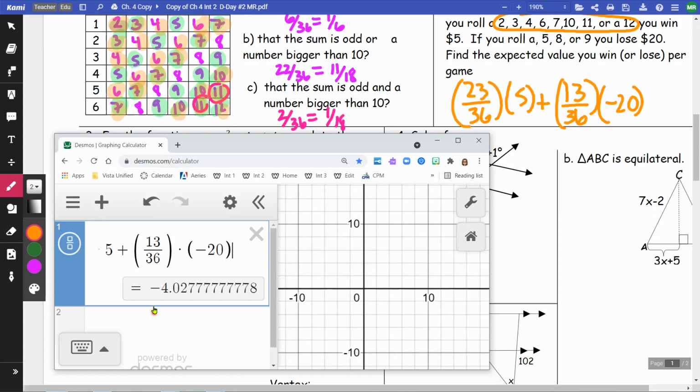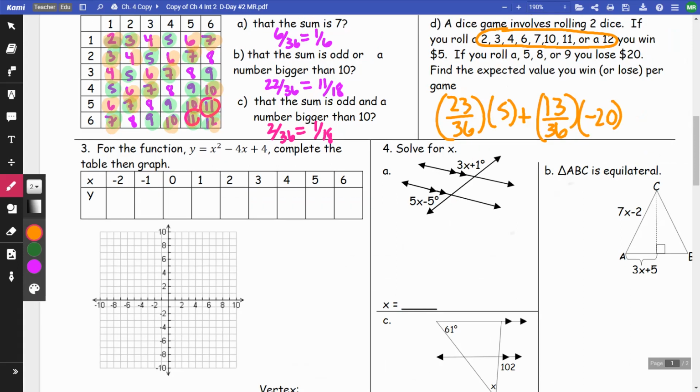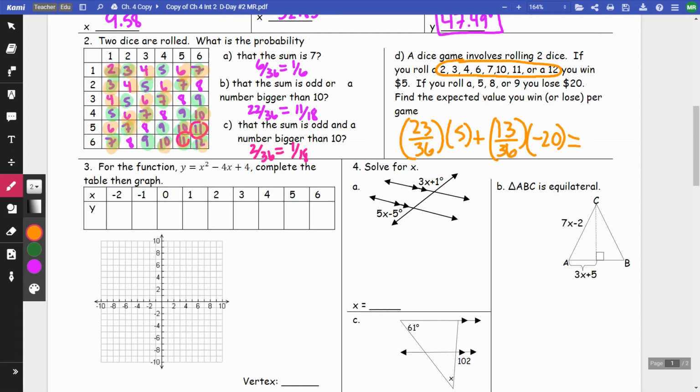And I end up getting a negative $4.02, but the 7 is going to push it up to 403. And it is negative. So we are losing $4.03 per game. Now, if they ask if that's fair, it is fair if your expected value is 0, or if whatever you paid was the same as what you win. But in this case, it's not.